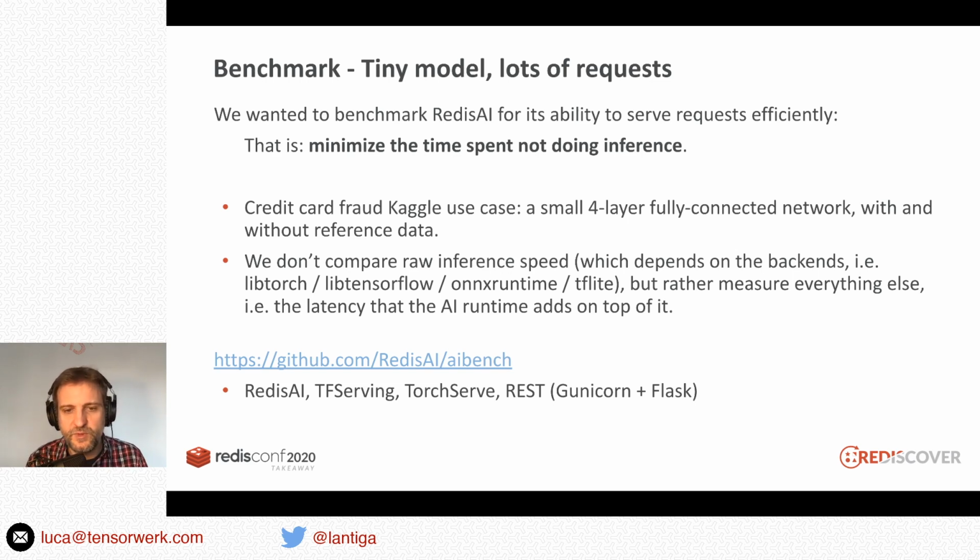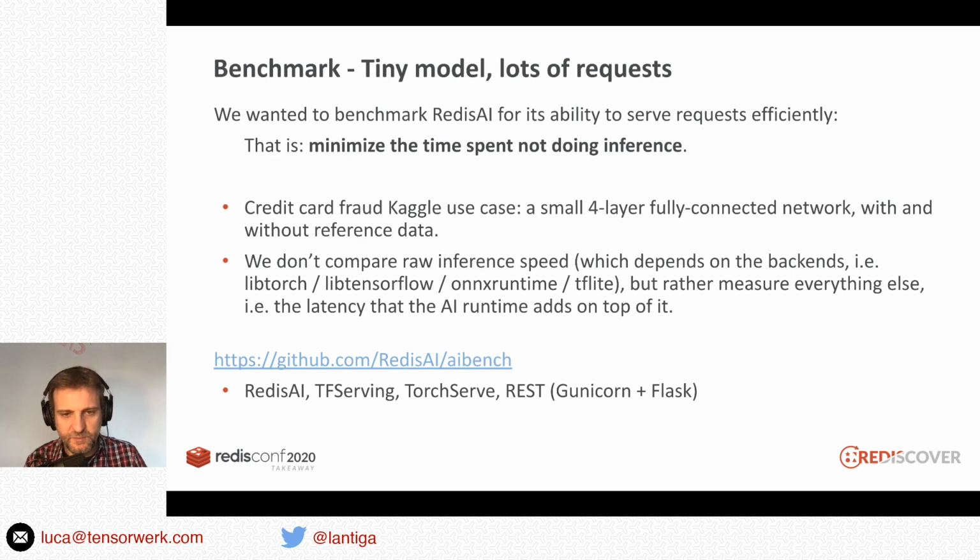To do this, we do everything in the open. You can run things yourself using the AIBench project that Filipe Oliveira developed in Go. It's a Go tool that already has RedisAI, TF Serving, TorchServe, and then a REST API around the model that is implemented using Gunicorn and Flask.